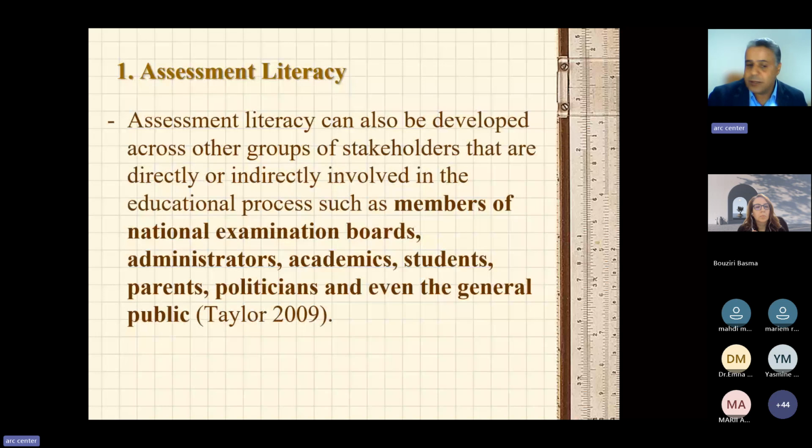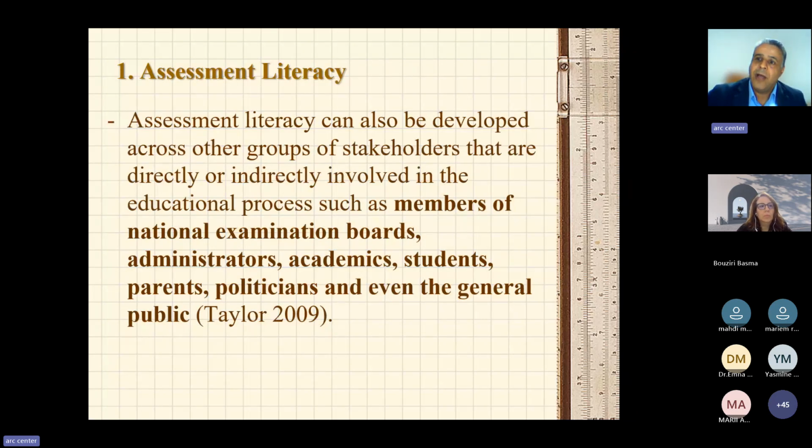Academics, students, parents, politicians also, when they interpret the results of specific tests like the CZM in Tunisia and the 9e, and also the baccalaureate. They should have some knowledge concerning assessment literacy, and also the general public. It is very important that the general public have at least the very basics of assessment literacy.